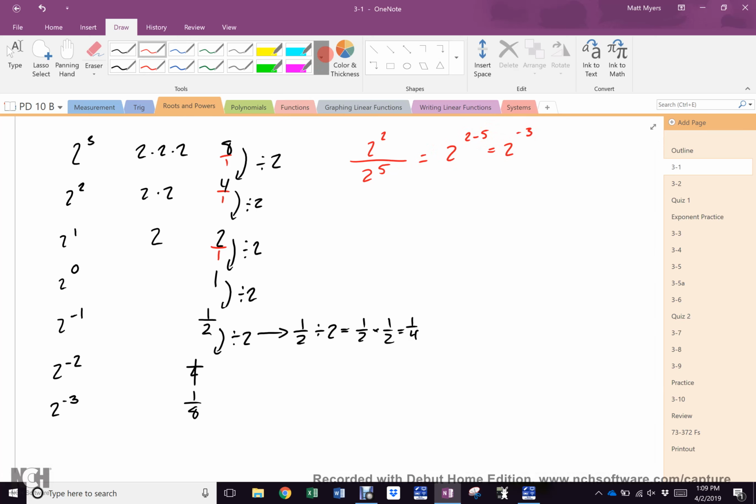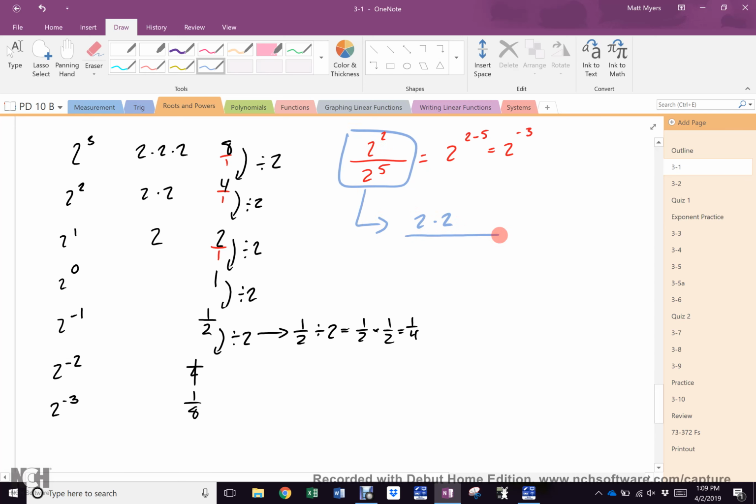Now, observe. What does this expression really mean? What is the numerator really? No, not 4. 2 times 2, right? Agreed? What is the denominator really? 2 times 2 times 2 times 2 times 2. Agreed? What do these 2's do?